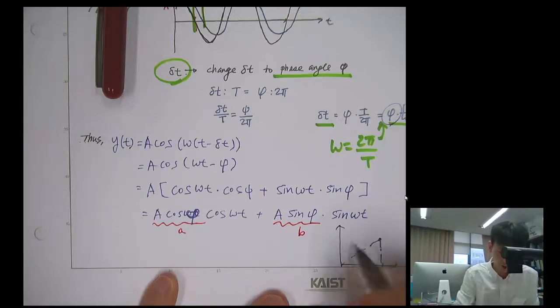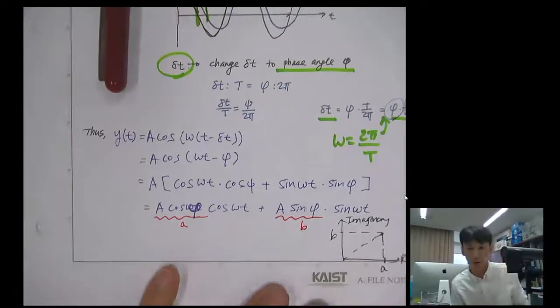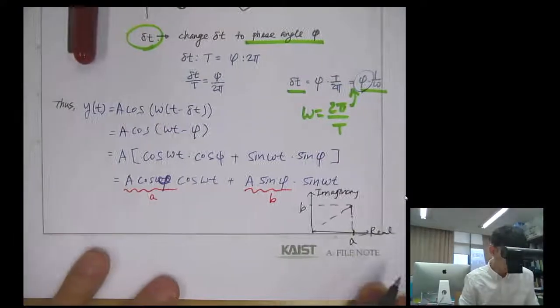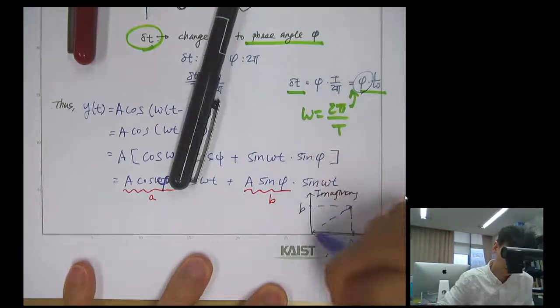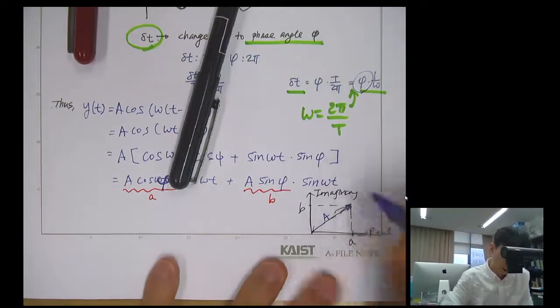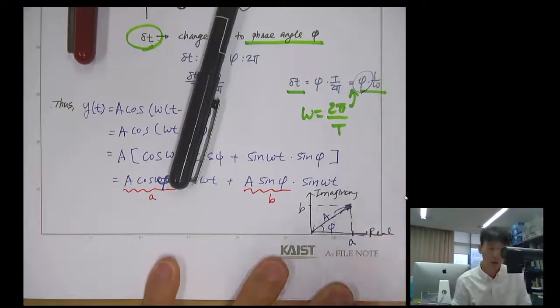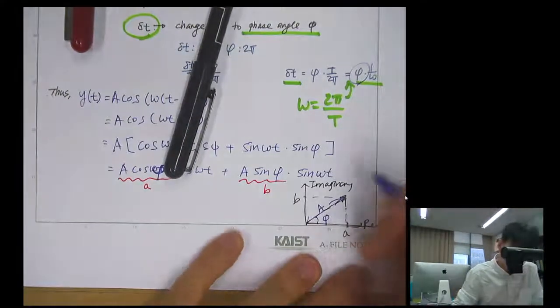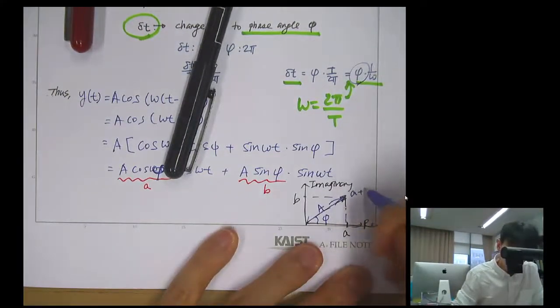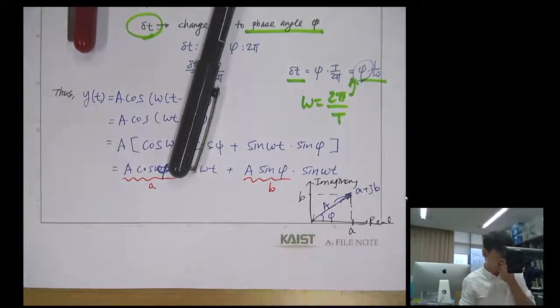Here is the a, here is the b, and this will be the real axis, and the y-axis will be the imaginary number. This is the a, and the angle will be phi, the phase angle. So this is a plus jb.